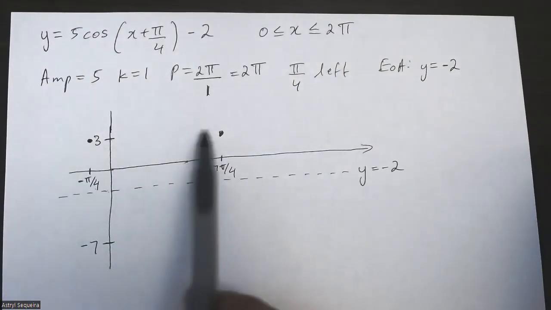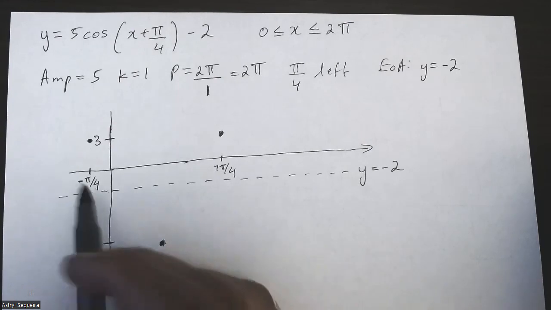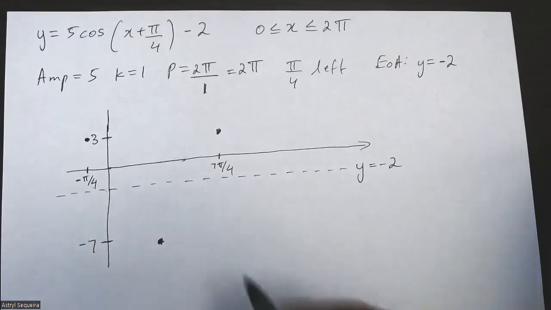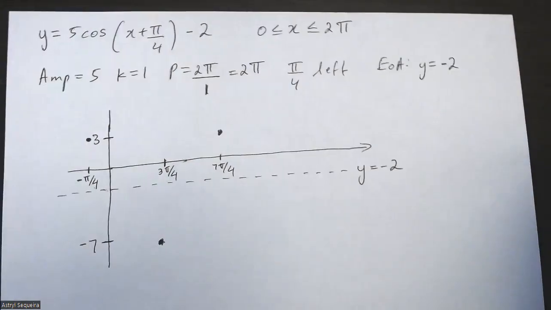Now I know that the midpoint of the two maximums is going to be the minimum. So if I do the midpoint of these two, I'll just add them in my calculator and divide by 2. And I'll get the midpoint over here to be 3 pi over 4.